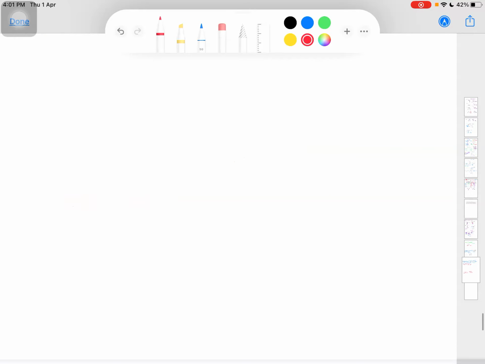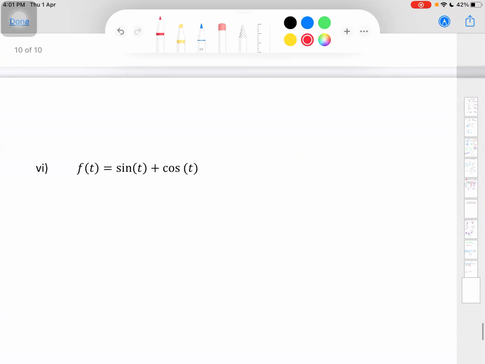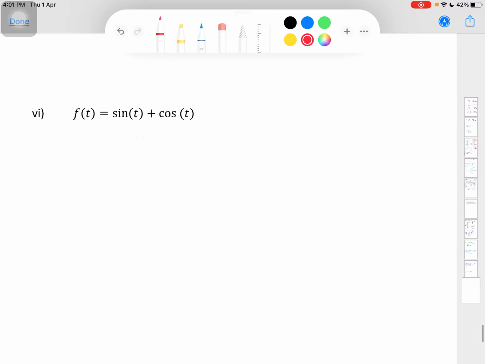Let's have a look at the next one. Oh, now we have addition of sine and cosine. So what happens if we add sine and cosine? Here we use the previous method.